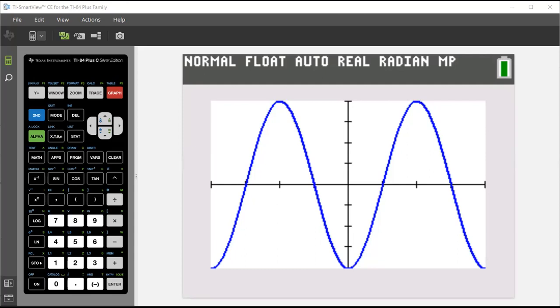And I'm going to go back to my first colored pencil. 2 sine of x. So 2 sine of x is going to have an amplitude of what? Just 2. So this point stays the same. And this point goes up to 2 instead. 0, -2, 0, 2, 0, -2, 0.